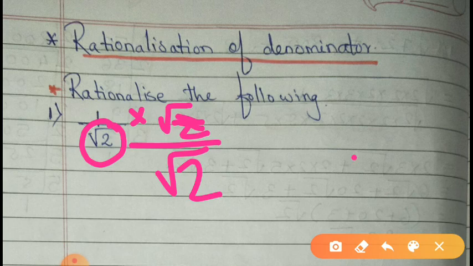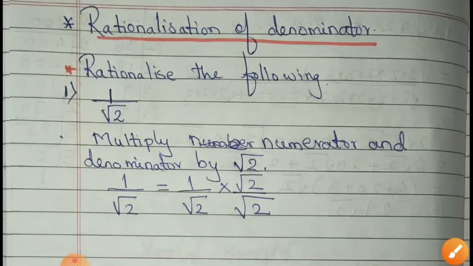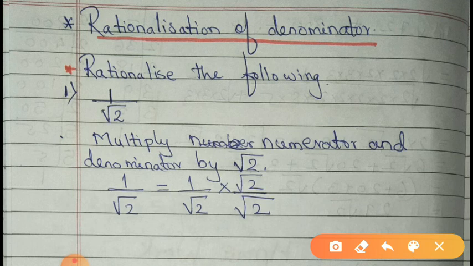Okay, so I have multiplied root 2 to its numerator and denominator. So what will I get here? It will be 1 into root 2 and denominator will be root 2 into root 2. So what is 1 into root 2? 1 into root 2 is root 2 and root 2 into root 2 is what?